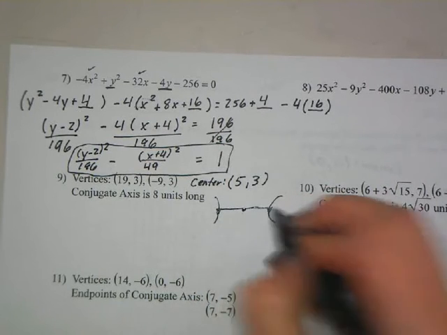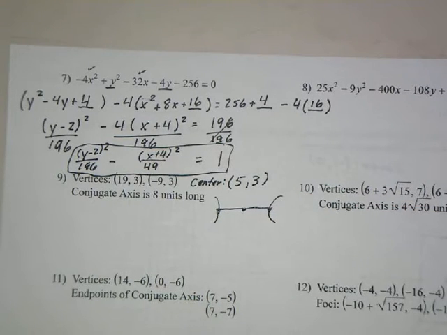Not conjugate axis, that's my transverse axis. So that tells me X is going to lead off. That's why I sketch it, so when I start writing everything in, I know what I'm doing.